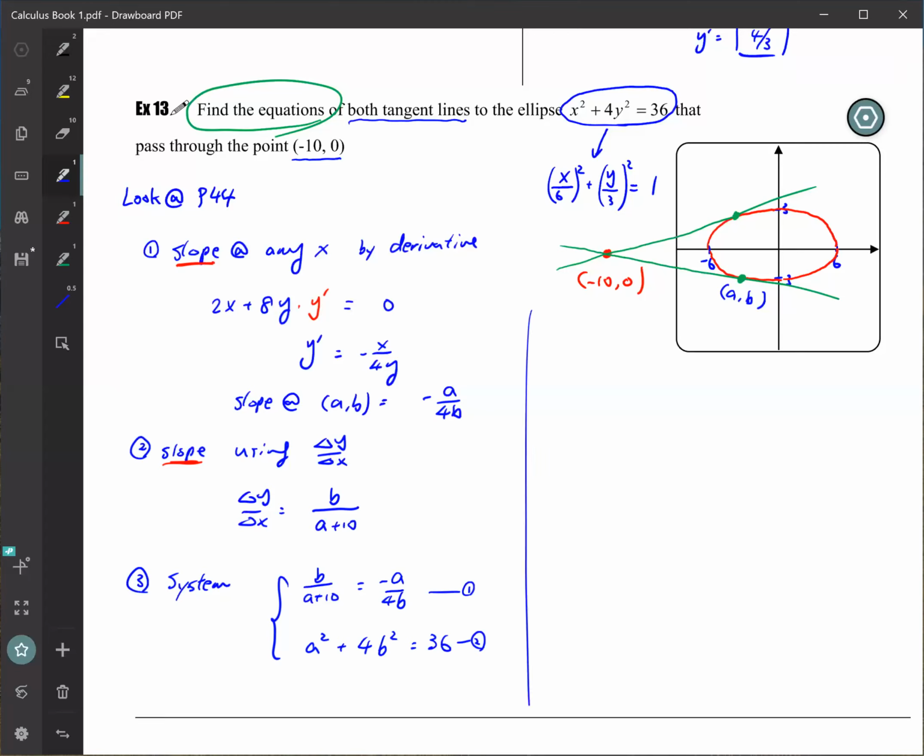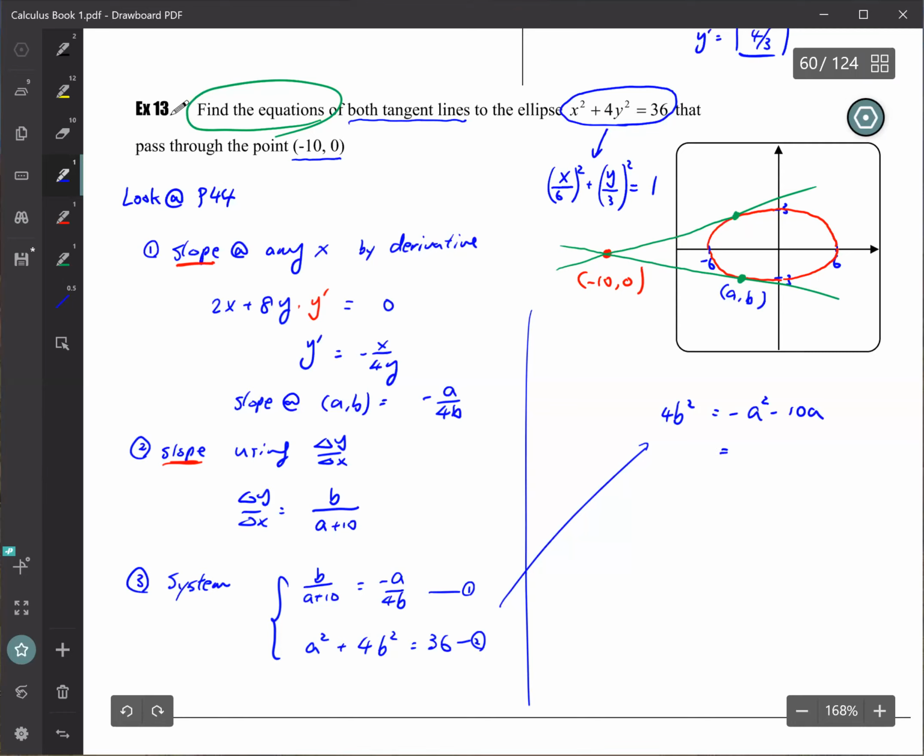Then you are almost there, okay? Once you got the two equations, the rest is just to solve for a and b, right? So for number 1, we can manipulate a little bit, right? Some of you did it differently, but if you cross multiply and simplify equation 1, you'll see there's a connection between 1 and 2. That will make your solving much easier, okay? So if I cross multiply number 1, I get 4b squared equals negative a squared minus 10a.